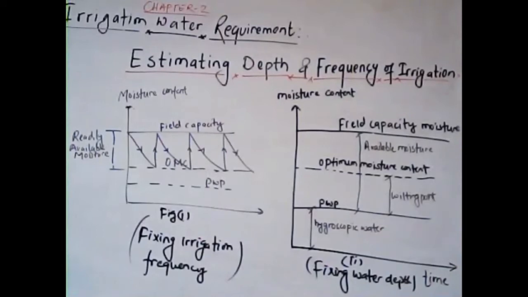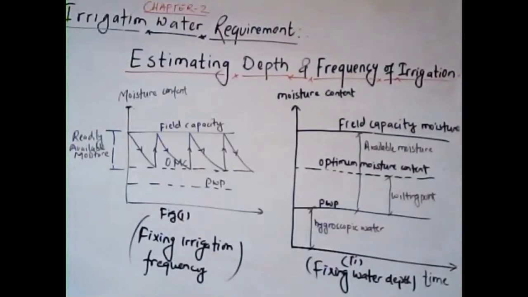At the field capacity, the plants absorb moisture and the moisture content in the field starts decreasing, and it reaches the level of optimum moisture content. When the level has reached OMC, then we need to apply the irrigation at that point.